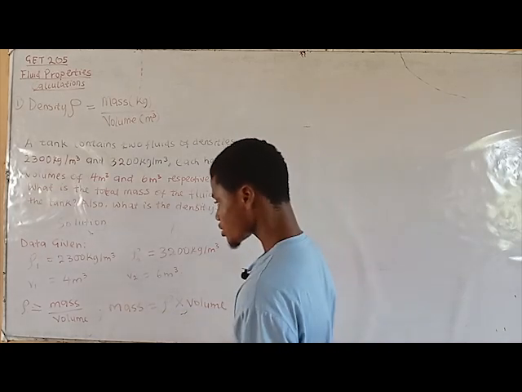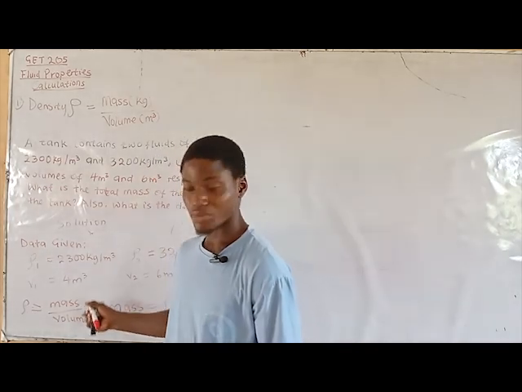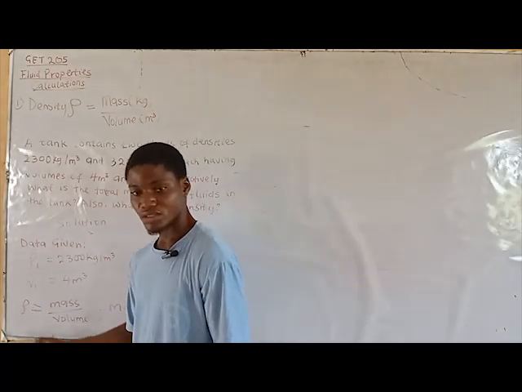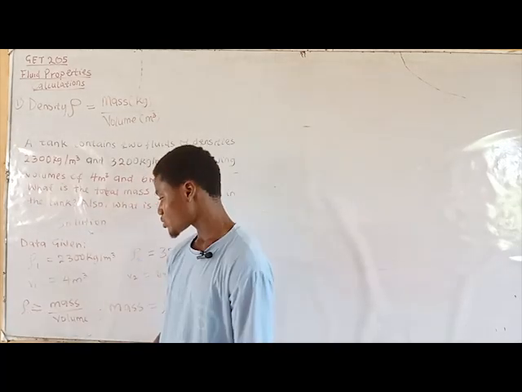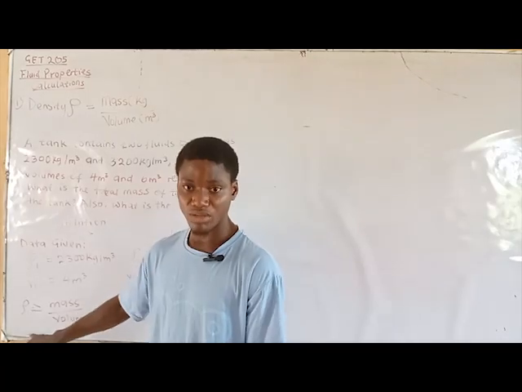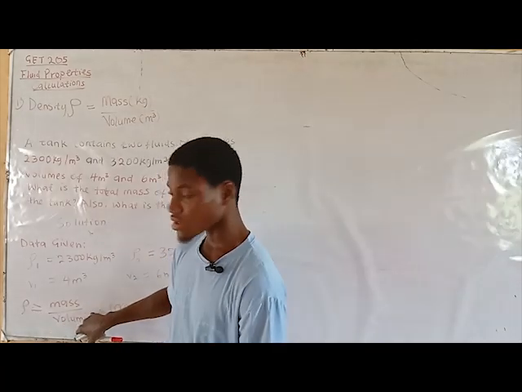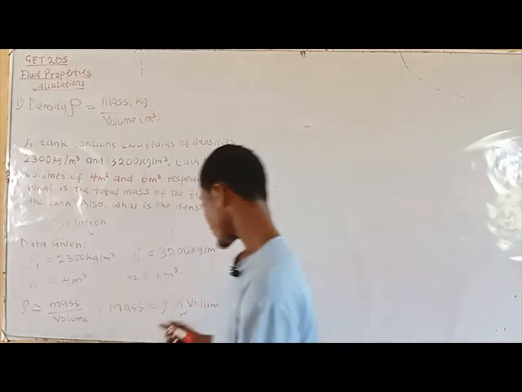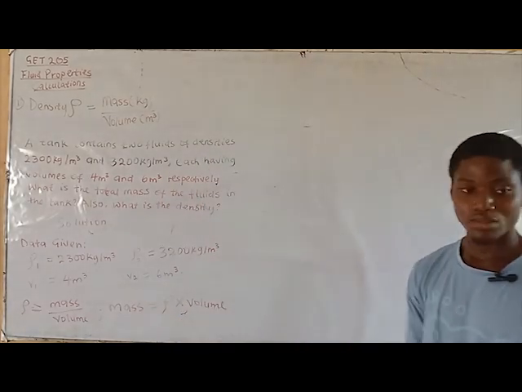Why? Because if you want mass to be the subject of the formula, you cross multiply, or you multiply both sides by volume, and then the volume here will cancel, and then we now have density times volume.